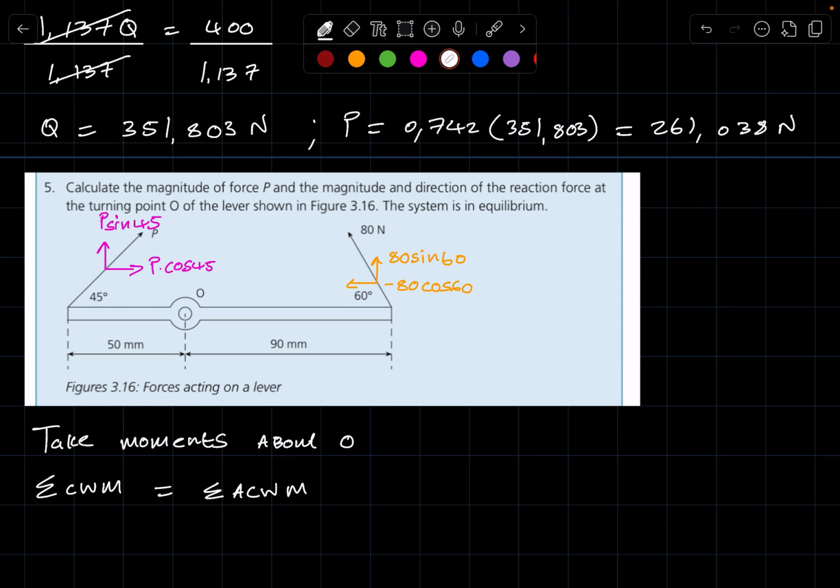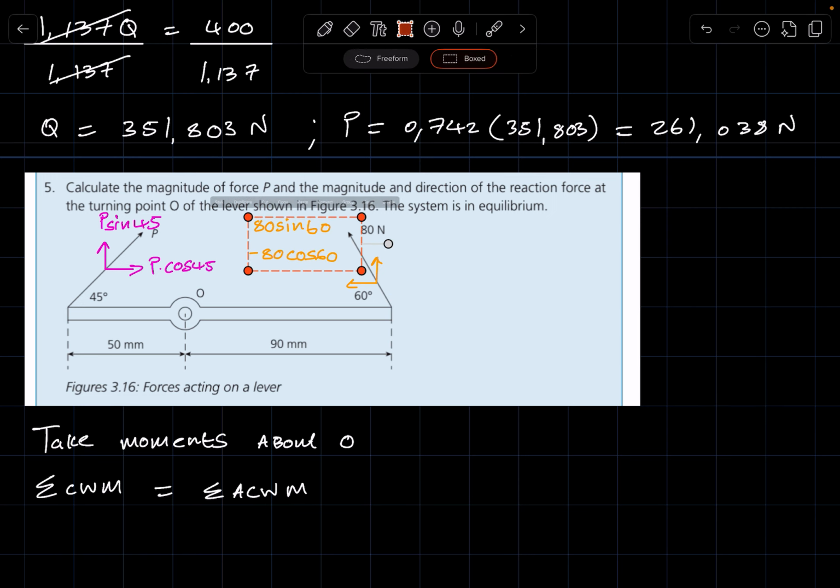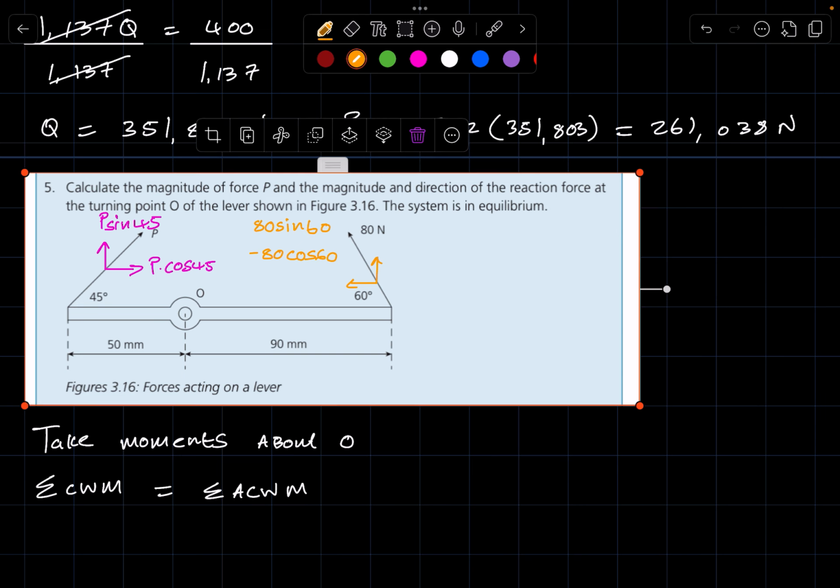Meaning, had we been given the angle, say this is what we are given here, so that you get what I mean, say that's the y-axis and we were given this angle. That angle is obviously 30 degrees.